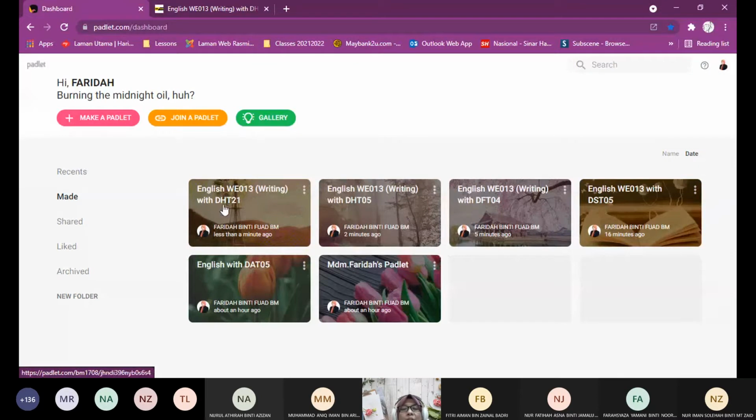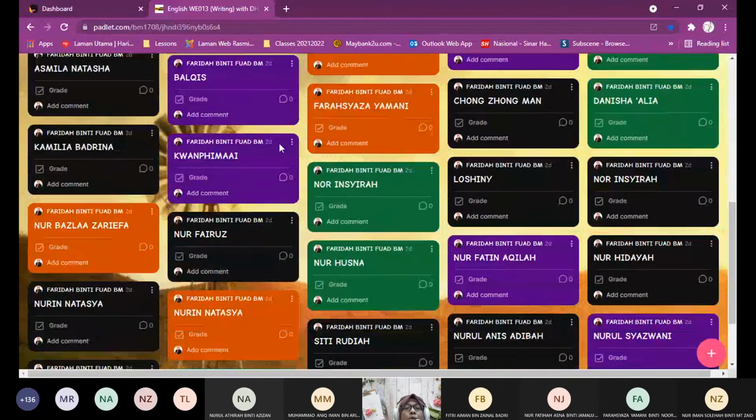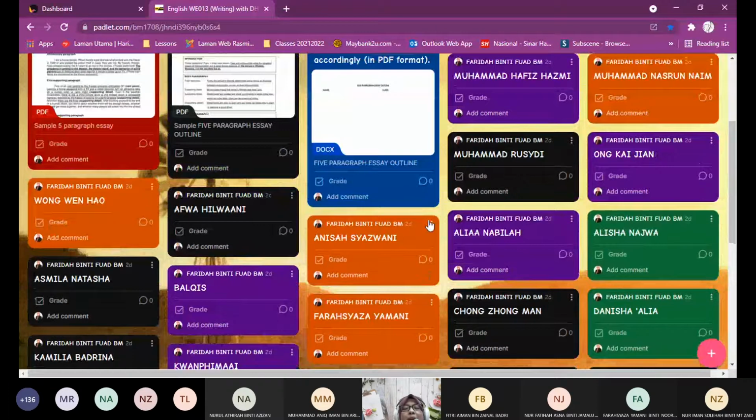This one DH21, DHT05, DFT04, DST05 and DAT05. Every Padlet has the students' names, so you have to upload the file according to your name. So far, are you clear with this Padlet thing?